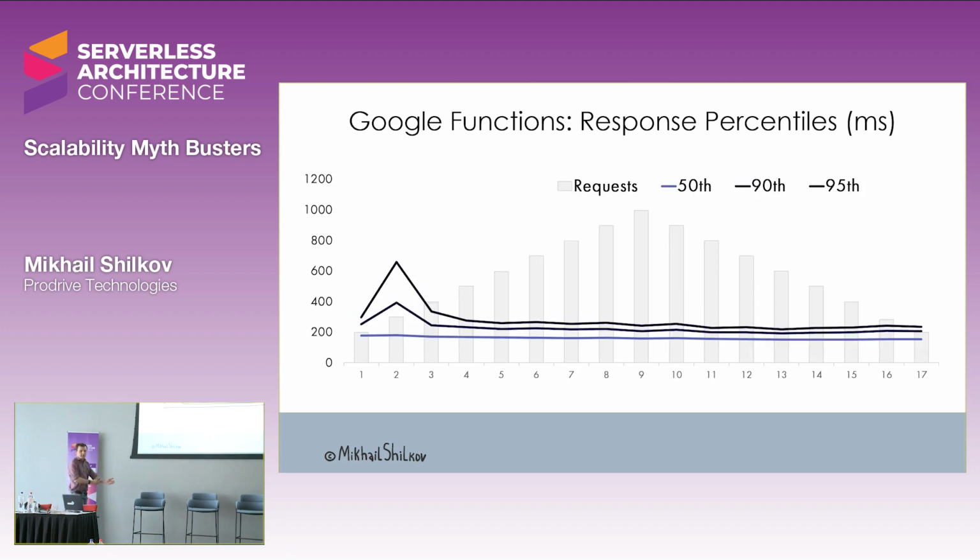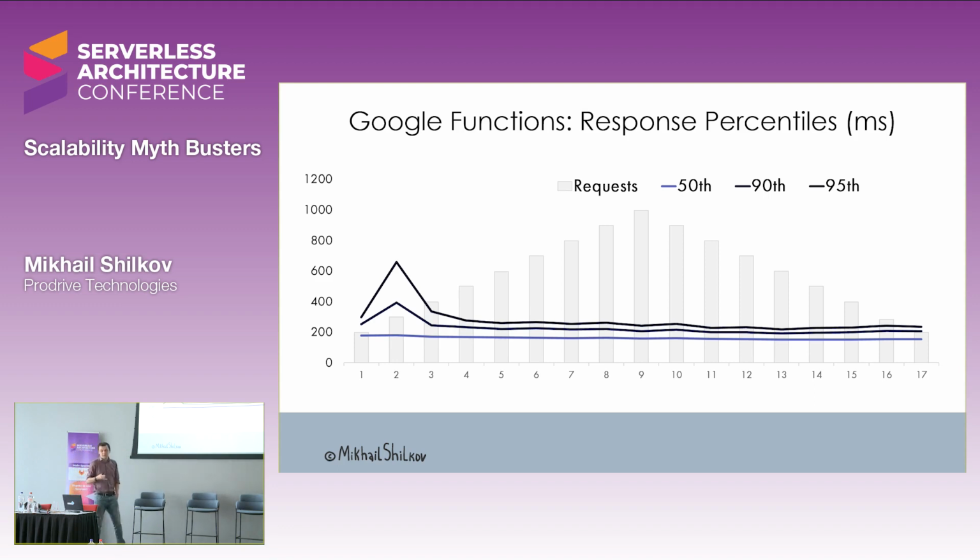Now, comparing to Google Functions. This one is almost perfectly flat. The 95th percentile goes up to 600 milliseconds. But notice that the 50th percentile is actually quite a bit slower. That's because Google's blob storage, for my requests at least, appeared to be much slower than Azure's blob storage.